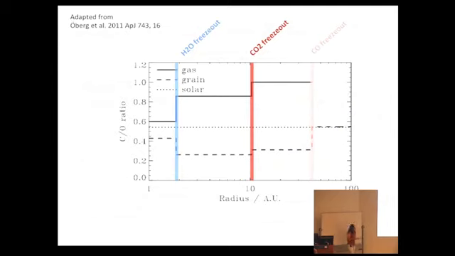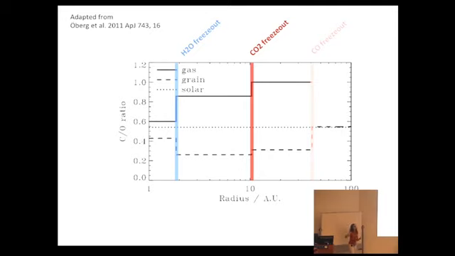And this is really interesting from the standpoint of planet formation. I think this same slide was shown by Jonathan or somebody a couple days ago, but I'll show it again because it's important. This is showing the carbon to oxygen ratio in gas with the black line, the solid line, and in grains with the dashed line.